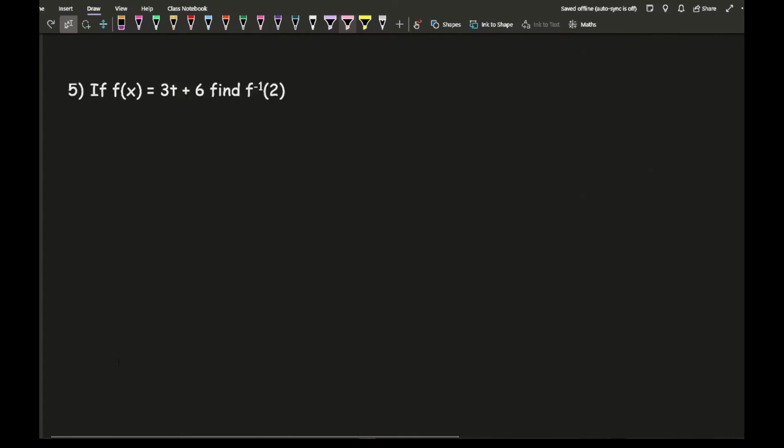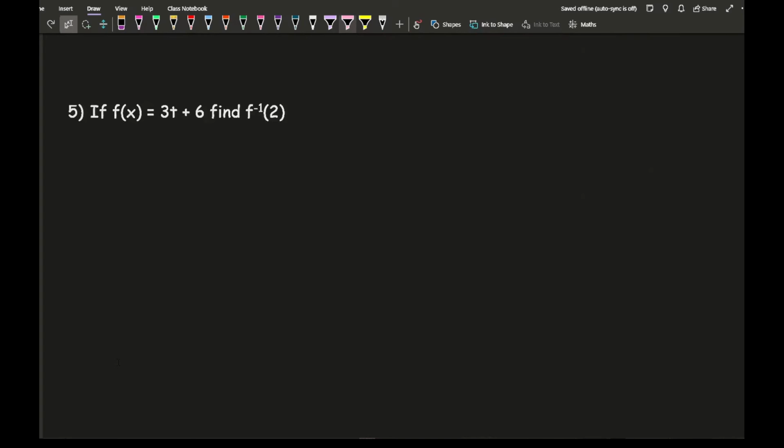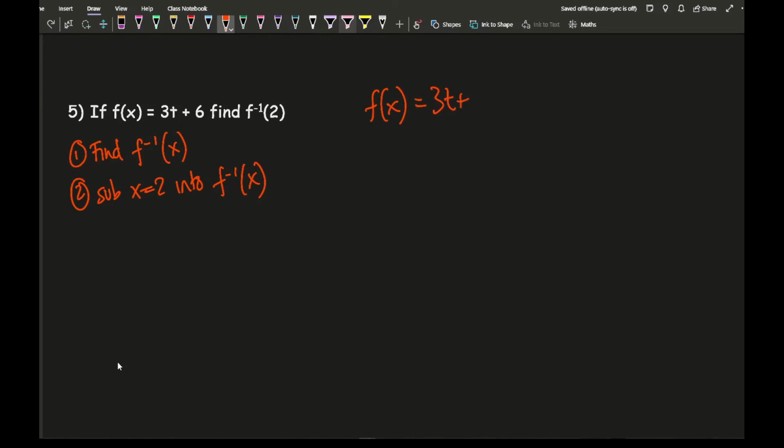So now let's have a look at another question that you could get. It says that if f of t equals 3t plus 6, find the inverse function of 2. So what you want to do first is find the inverse function, and then step 2 is sub x equals 2 into the inverse function. So f of t equals 3t plus 6.